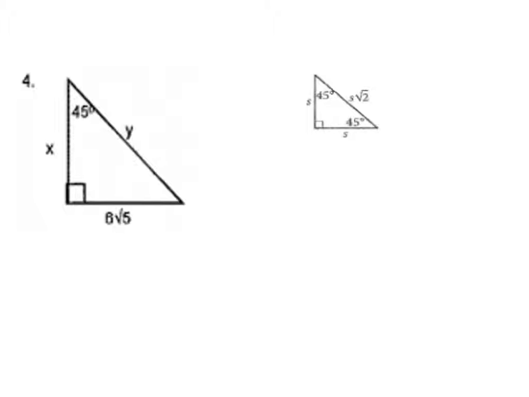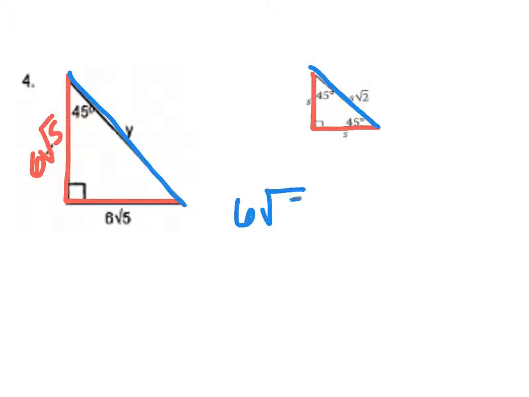Alright, this one I'm given the side. Again, in our formula, these two sides are the same. So if this side is 6 square root 5, this side is also 6 square root 5. The hypotenuse is S square root 2, so the leg, times square root 2, so the leg is 6 square root 5. The square root of 2 is the square root of 2.